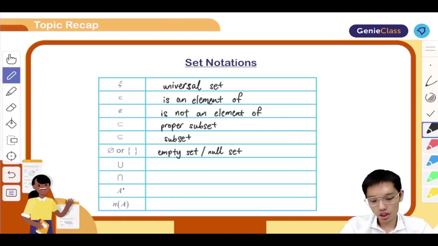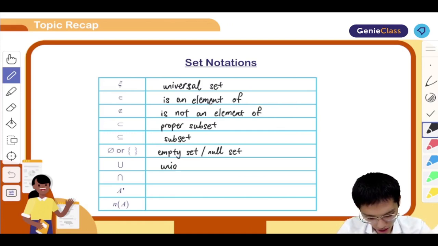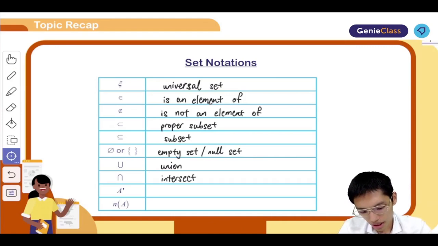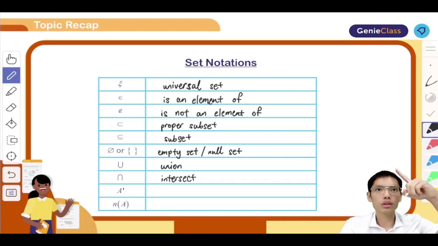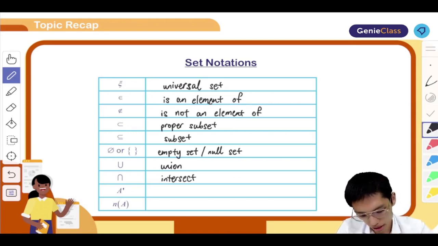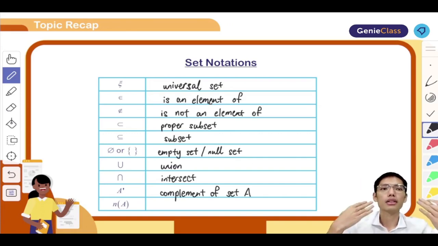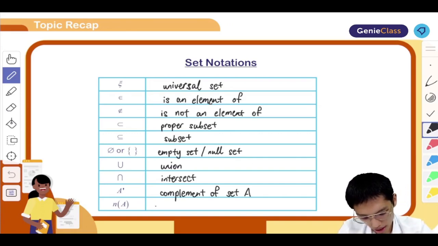Following up the certain notations, this one represents union, and this one represents intersection. Take note: union, intersection. And if I have a set with this comma at the top corner of the alphabet, this is meant to say that it is the complement of set A. And lastly, if I have an n over there, this is the number of elements in set A, just saying how many things are there in this particular set.